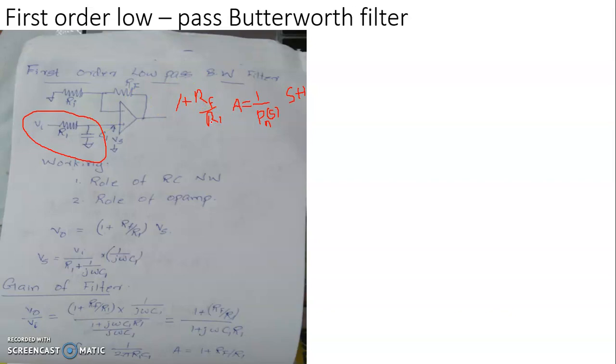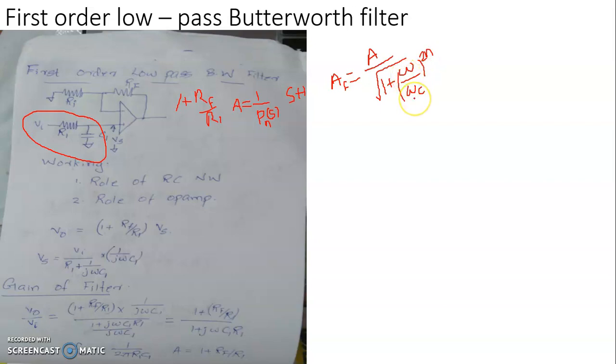The magnitude of the gain of a Butterworth filter also will be following a characteristic equation given by the expression: magnitude of the filter gain AF is equal to magnitude of the amplifier, that is the active component in the Butterworth filter, that is the op-amp configuration, divided by square root of 1 plus omega, that is the operating frequency, that is the frequency of the input signal, divided by omega c, which is the angular characteristic corner frequency, raised to 2n, where n is the order of the filter.